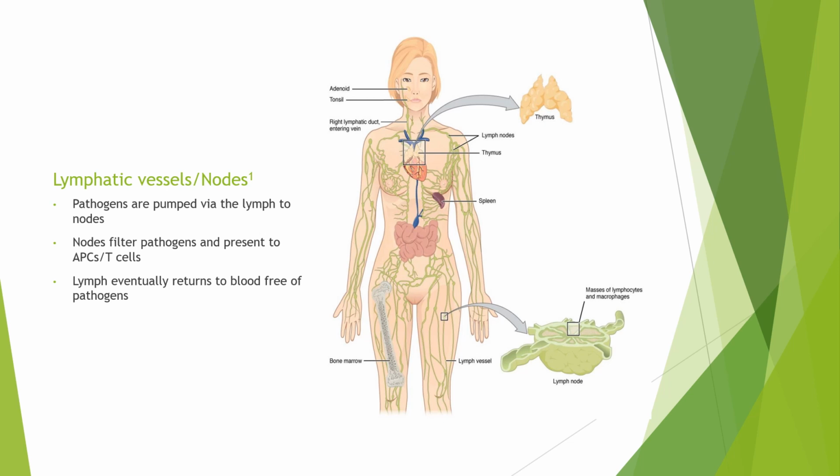So if it has proliferated in any way or some of the virus has not been killed yet, this next lymph node that it encounters will hopefully do that trick. And then it will be pumped through the lymphatic vessels again to the next lymph node, and the next, until it is eventually filtered through these antigen presenting cells and T cells in the lymph nodes and then dumped back into the blood via the veins.